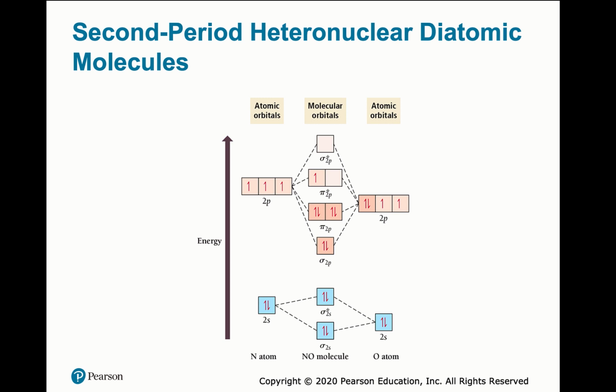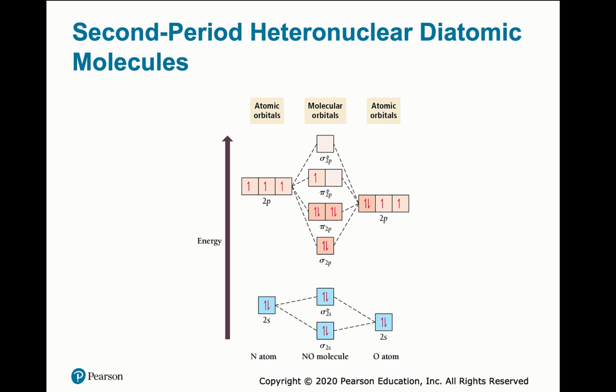For instance, here this shows nitrogen monoxide, and you can see that for the oxygen atom, the relative potential energy of the atomic orbitals is slightly lower. And it's not as symmetric as when you saw the homonuclear.